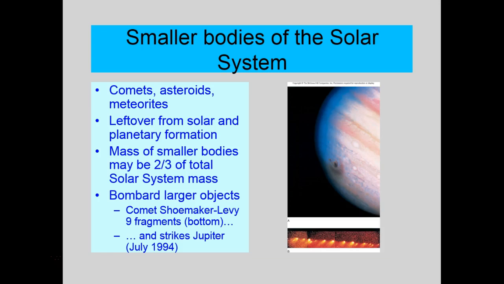Now, this is the caption, the wording that I said to beware about. It's this one right here. The mass of the smaller bodies may be 2/3 of the total solar system mass. What does that contradict?